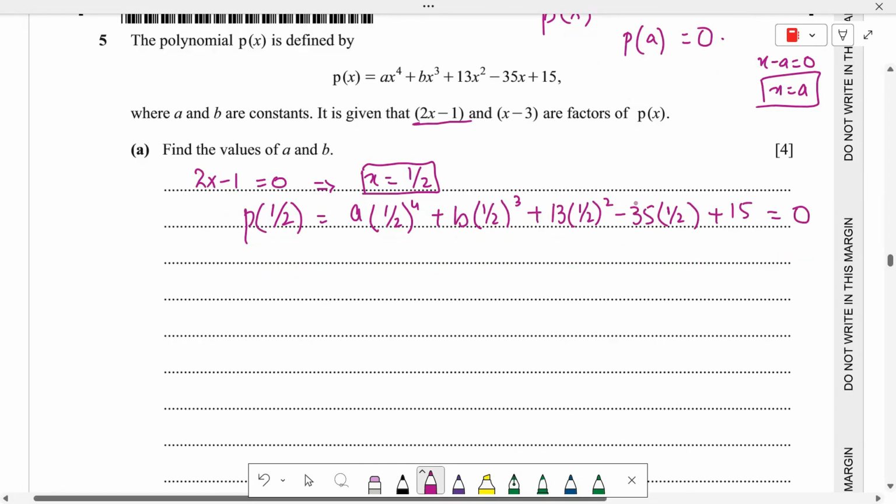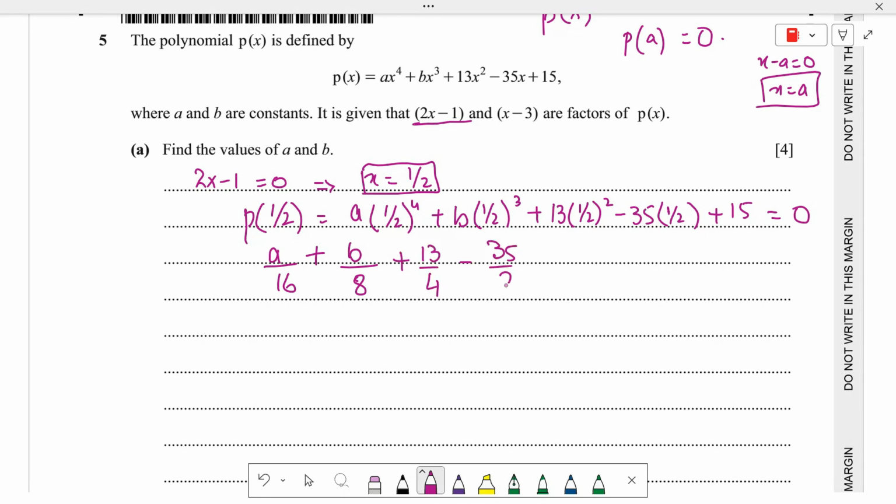Further solving, we will have a times 1 over 2 to the power of 4, which is 1 over 16, plus b times 1 over 2 cubed, which is 1 over 8, plus 13 over 4, minus 35 over 2, plus 15 is equal to 0.